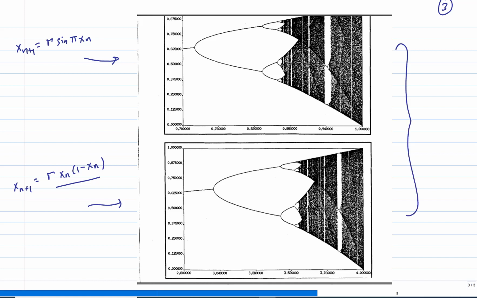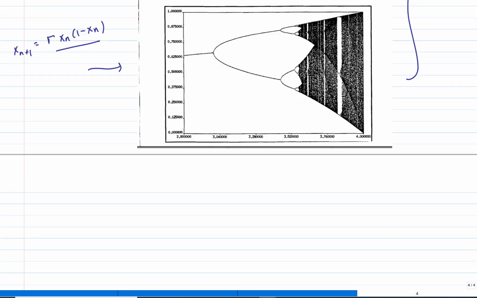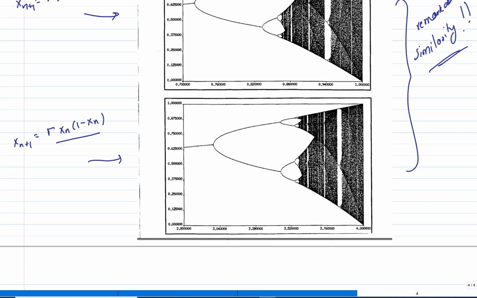Note the remarkable similarity in these two maps. The orbit diagram seems to be strikingly similar. So this is a universal property for unimodal one-dimensional maps, and we'll state the universal property in the following way.